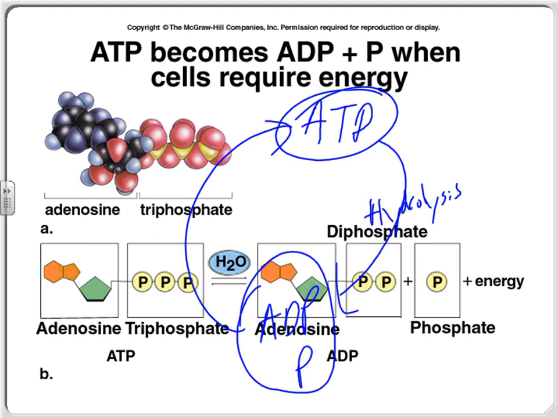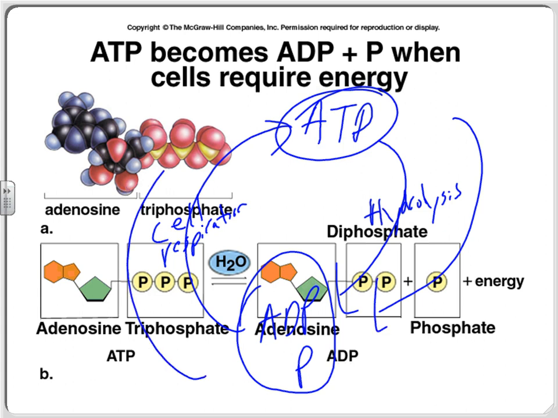Cellular respiration. So over here we're going to get cell respiration. And cell respiration is going to take energy from food, and it's going to put these two things back together, ADP and P, to make ATP. So this would be hydrolysis, and this would sort of be condensation over here, right? Breaking apart, putting back together.